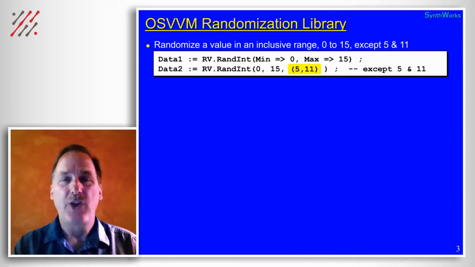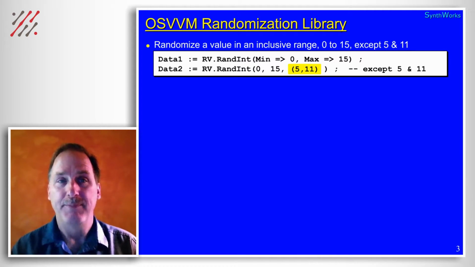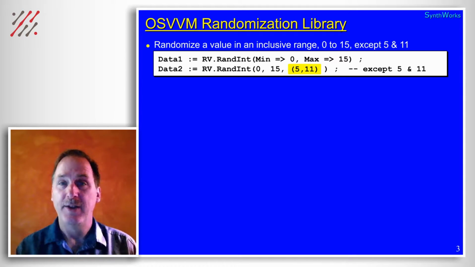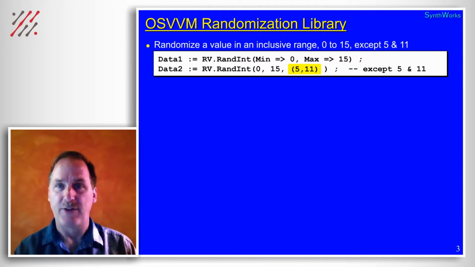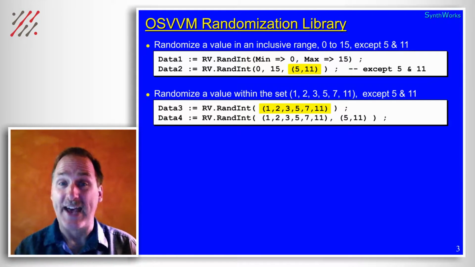Okay, so in OSVVM, everything is built on top of our randomization library. Our randomization library includes utilities to randomize a range except skip some values. So that's the 5 and 11; that's actually an integer vector parameter there. Randomize a set.